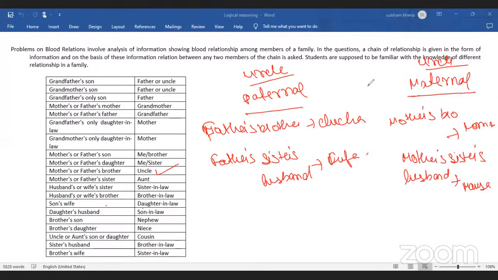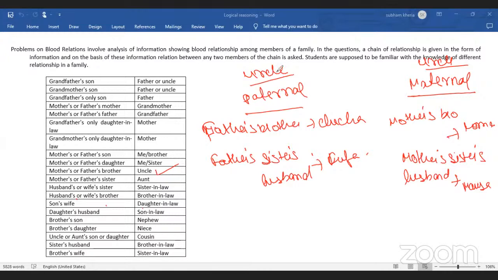Mosa is also called what? Uncle. So there is one word uncle which means 4 different relations. Not only 4, more actually, but these are the main 4. Are you getting the point? Uncle can refer to chacha, fufa, mama, mosa.